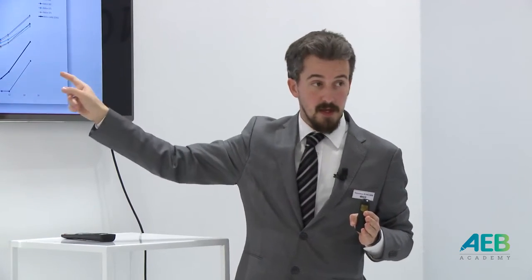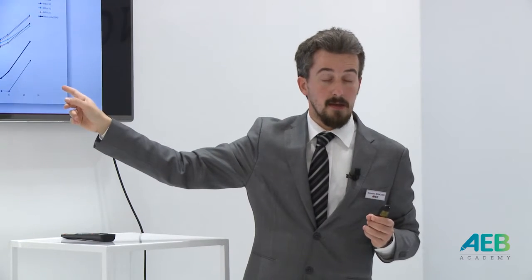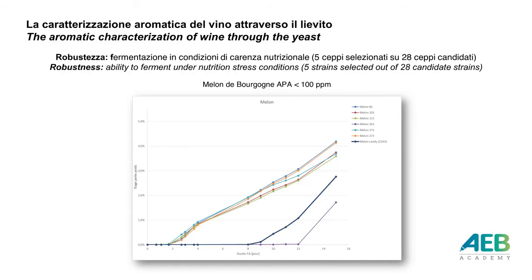Okay, what is this? This is a robustness test. What this does is taking the strains that you have selected and trying them in a must with a really low amount of nitrogen. And so by trying this kind of trial, what you do is find out if you have some strains which are weak and that you have to exclude.